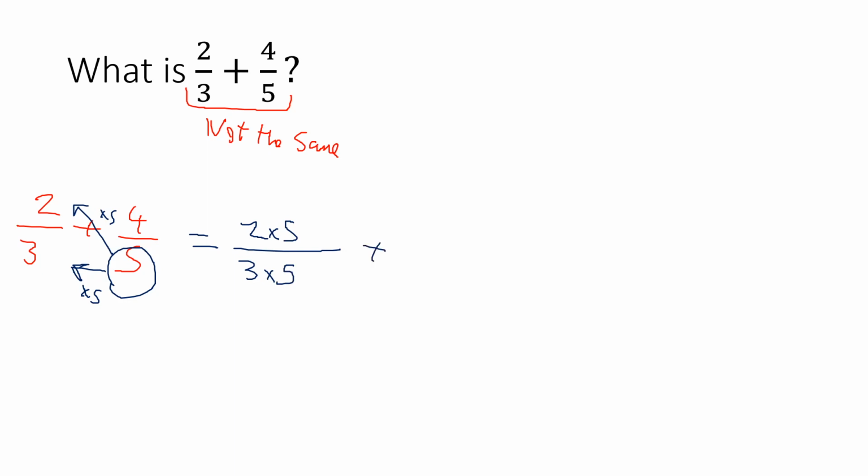Plus, and then now we get this 3 over here and we multiply by 4. So this is the same as 4 times 3, and this is the same as 5 times 3. Yeah? And now let's simplify each of these.